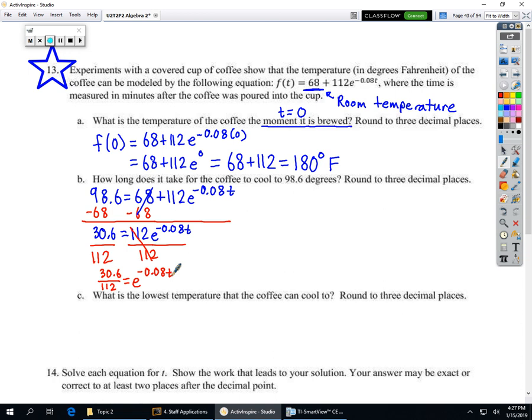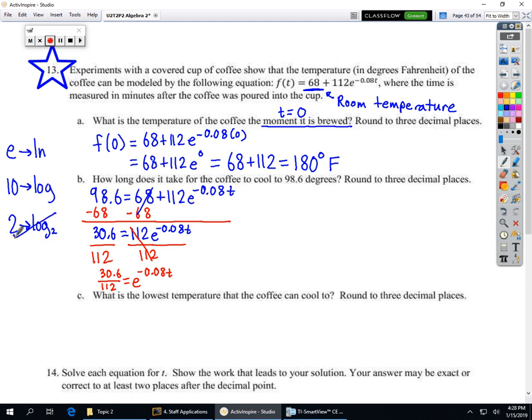Now, I'm solving for t. I need this 0.08 to go away. I need this e to go away. So we learned a long time ago how to get rid of e. To cancel an e, you need to put an ln on both sides. So to remove an e, you use ln. To remove a 10, use log. To remove a 2, you would use log base 2, but don't expect to see this.